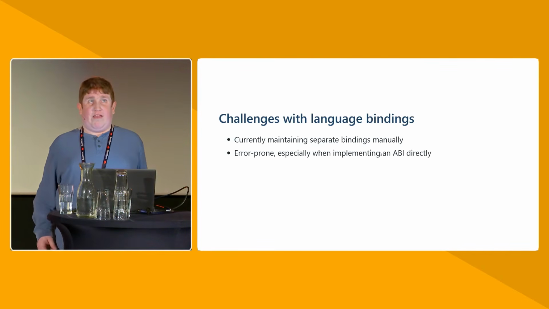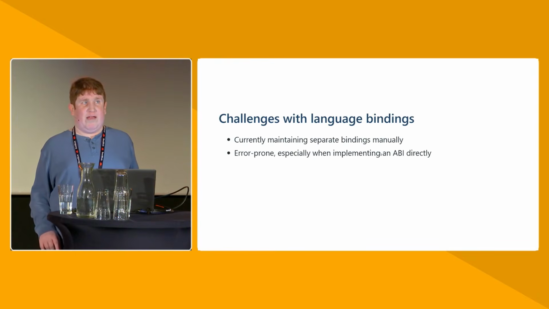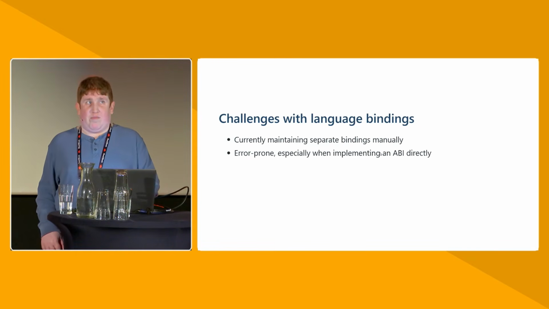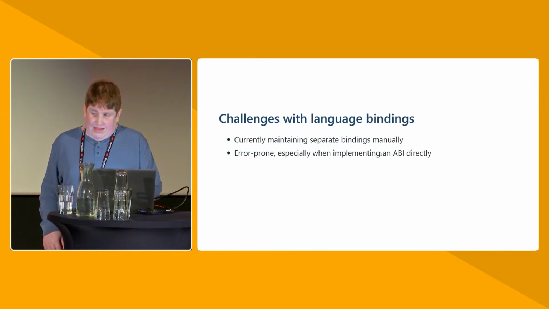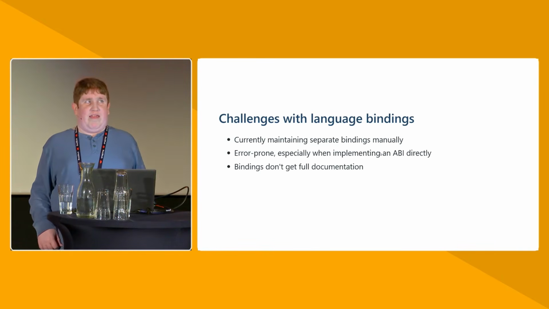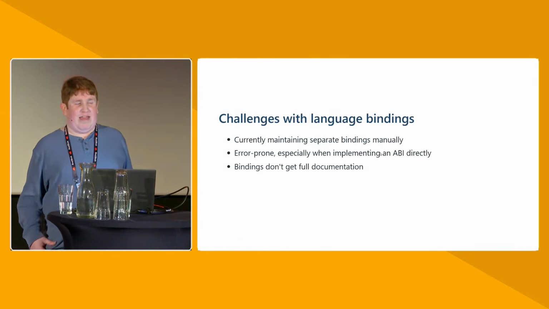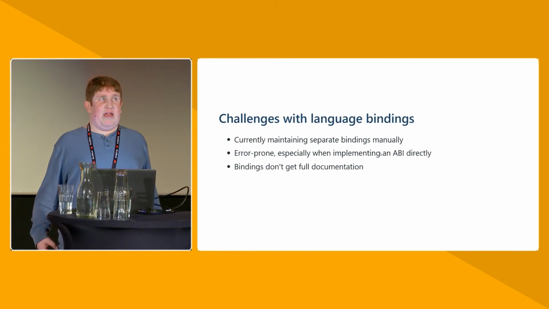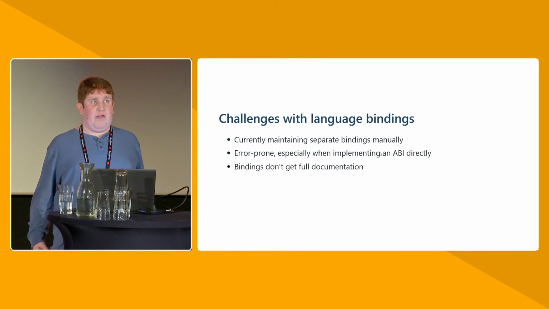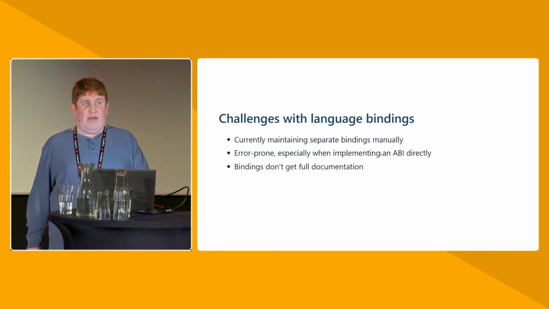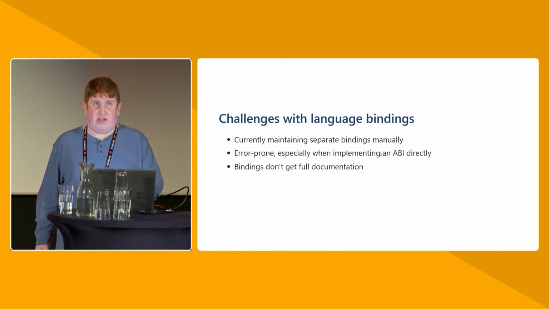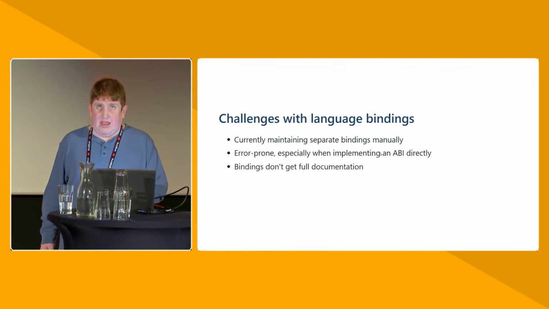And pretty much the only language so far where we don't have to do that is Python, because Pyo3 is excellent. Another problem, though, even with the Python bindings, is that the language bindings don't automatically pick up all of the documentation from our native Rust API. So we need to manually copy and adapt doc comments when we remember to do that.